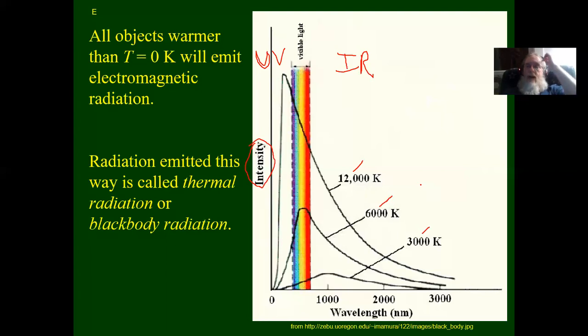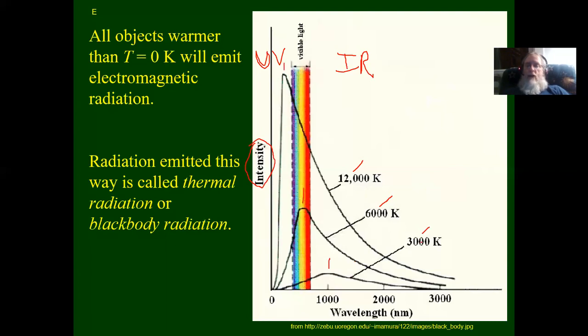One is that as long as we are talking about objects of the same size, because a bigger surface area for bigger objects will let them emit more, but as long as they're the same size, a hotter object emits more than a cooler object does at every wavelength. And the other thing to note is for the hotter objects, that peak in the wavelength moves to shorter wavelengths.